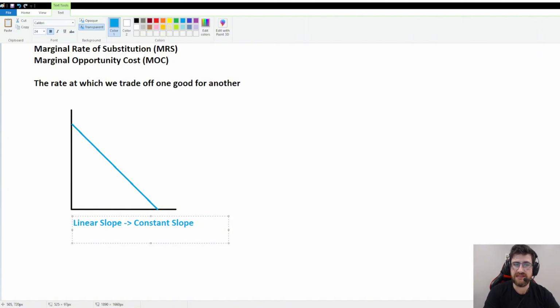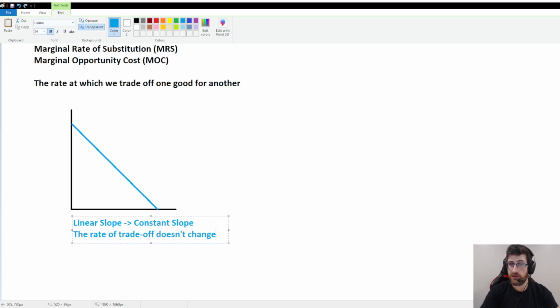And what this means is that the rate of trade-off doesn't change, right? If I have to give up one of good A to get two of good B, well, it doesn't matter how many I have of either. Every time I want to get two more of good B, I have to give up one of good A. That ratio stays the same.